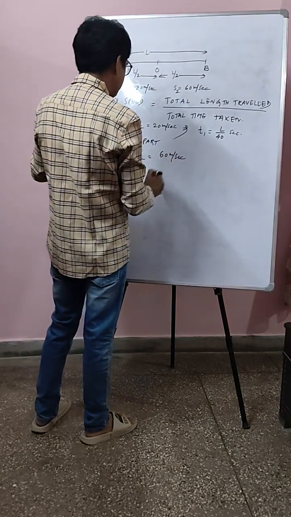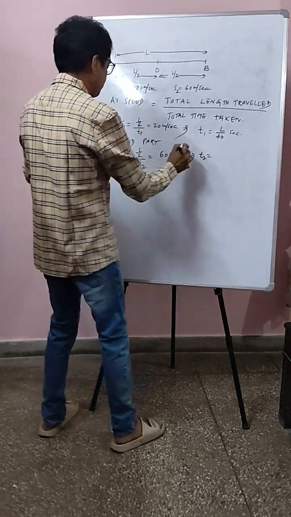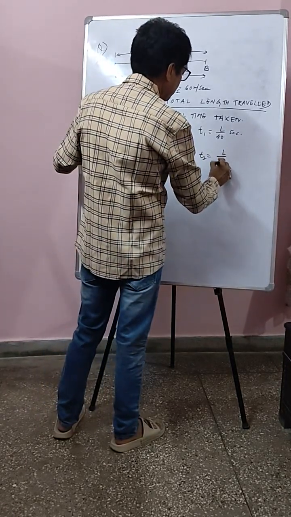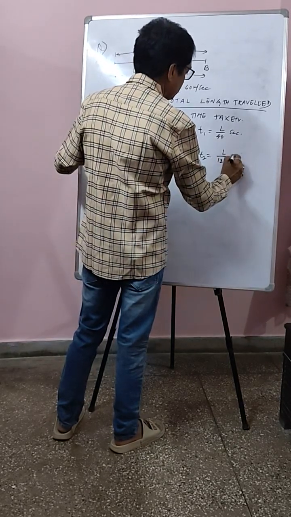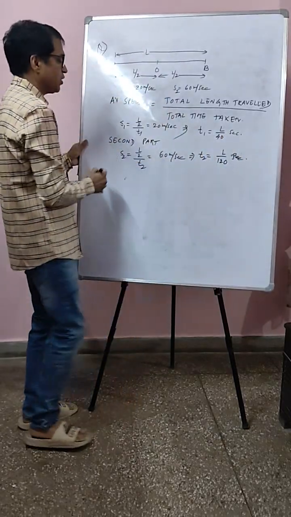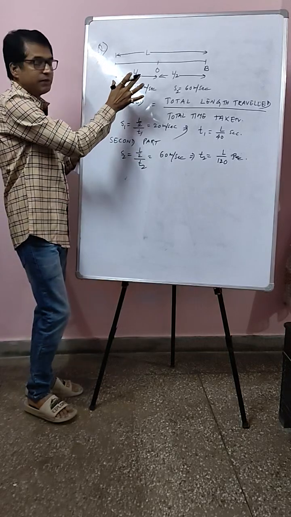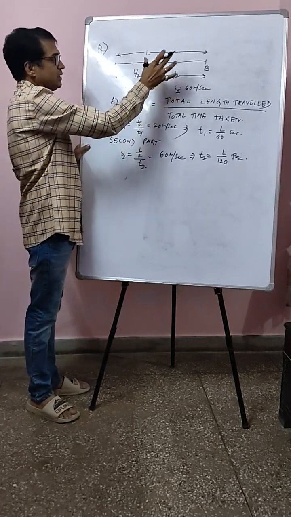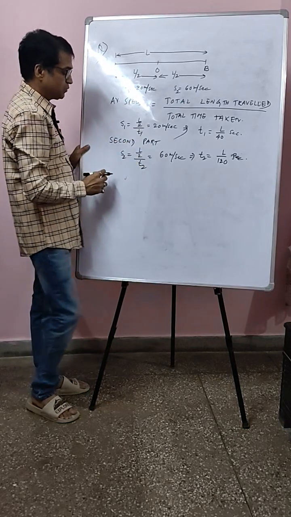That implies T2 equals L upon 120. This is how we obtain T1, the time taken to cover the first half of the distance, and T2, the time taken to cover the second half of the distance.